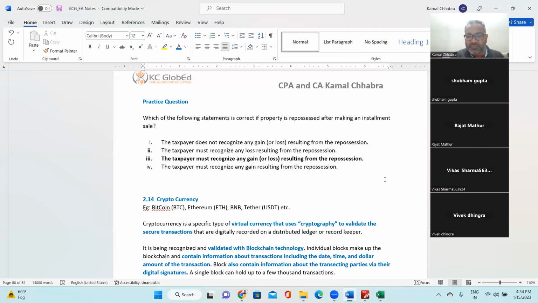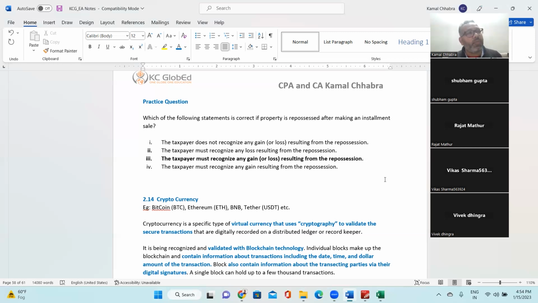How much is it? 30,000. Yes. 30,000 I paid, and after that I don't have any money to pay. I got bankrupt, and now the car company owners come and they have taken repossession of the car. Right?